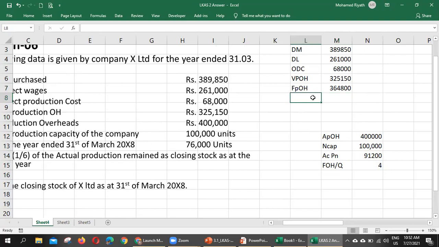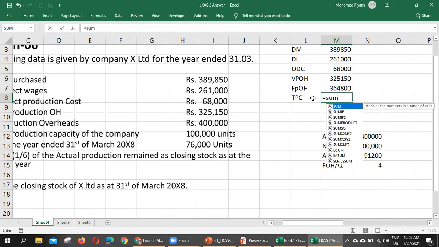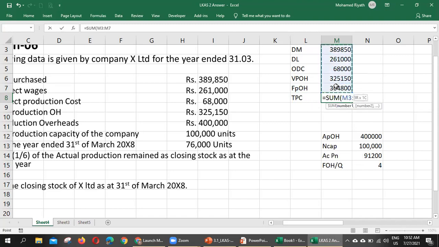Then total production cost equals this value. How much is the closing stock? Value of closing stock. Now we can find total cost per unit.